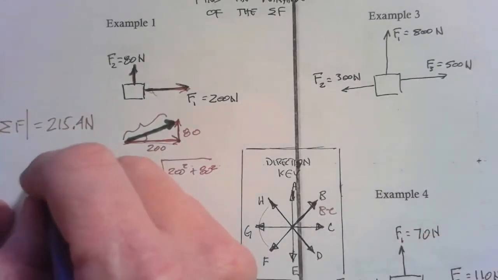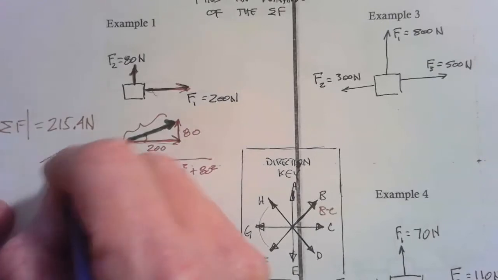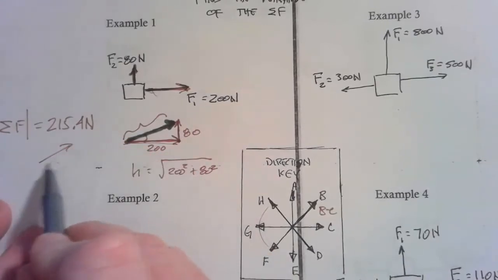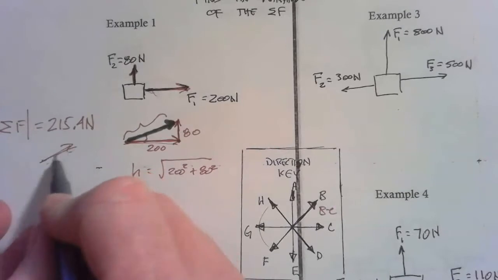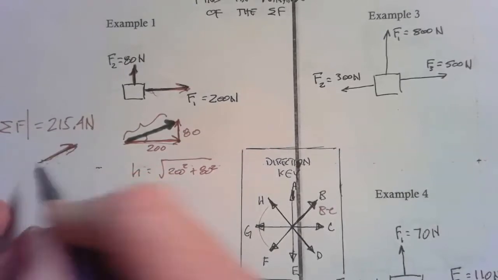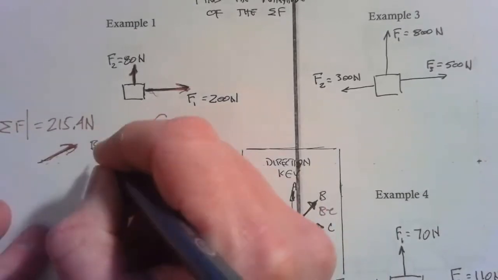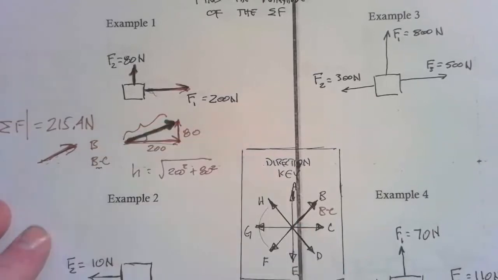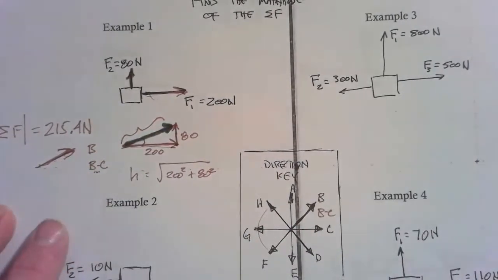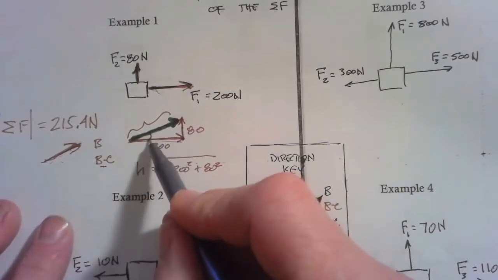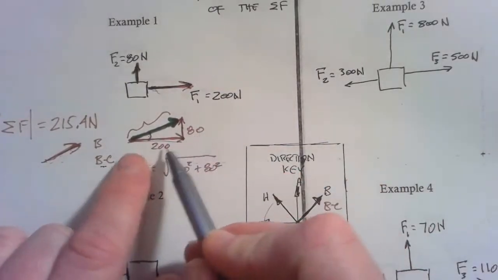You can even draw roughly where it is if you want. It's a little bit up and mostly to the right. Any of those would be a good indicator for the direction. In the extension, I'll show you how to find this, although you already know it because it's just the inverse tangent of these two, right?